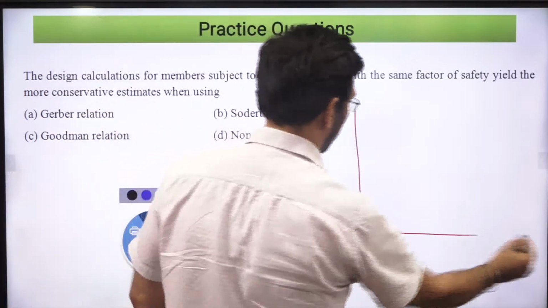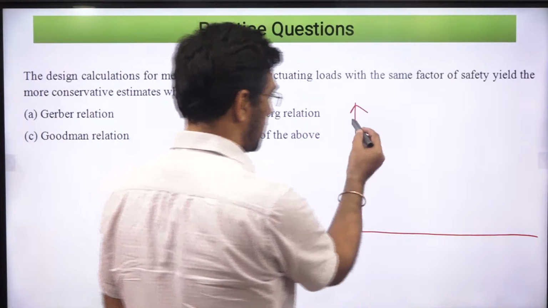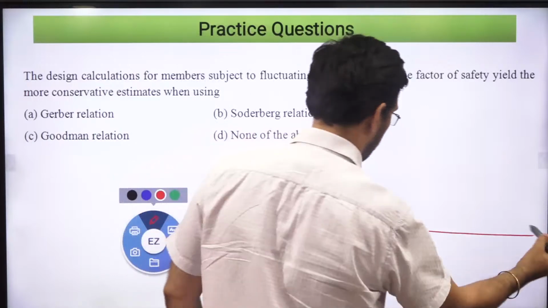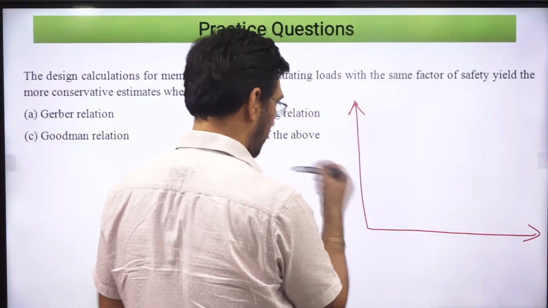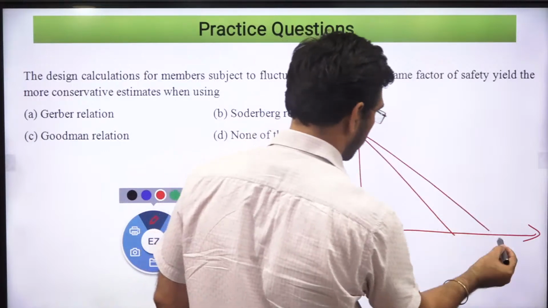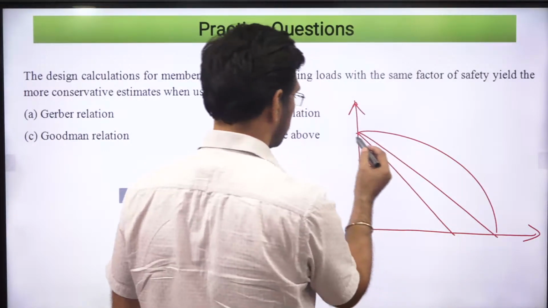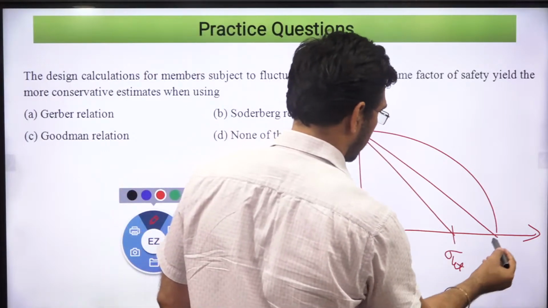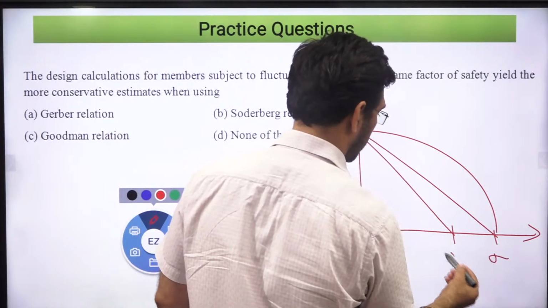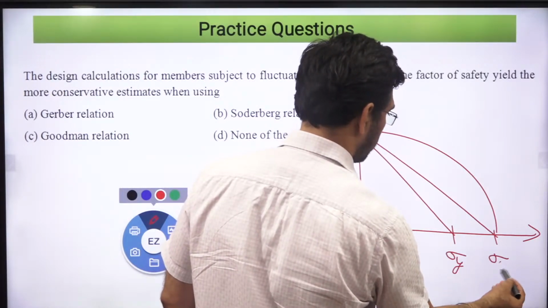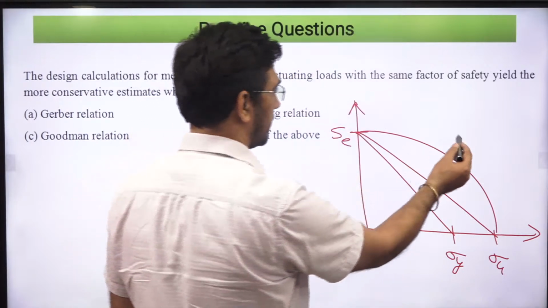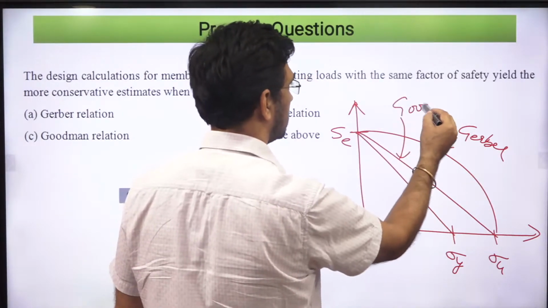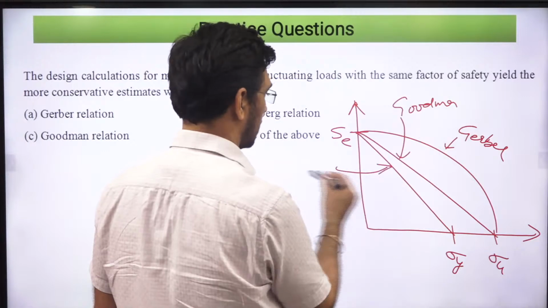Just keep it in mind, we have this, and this is Gerber, this is Goodman, and this is Soderberg.